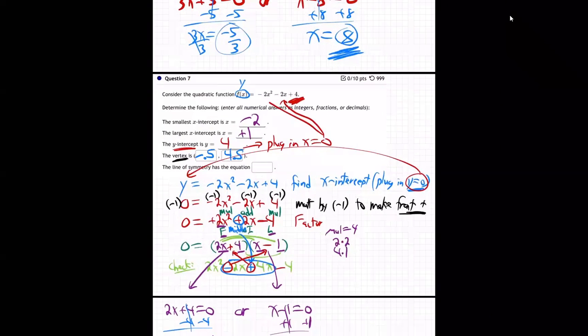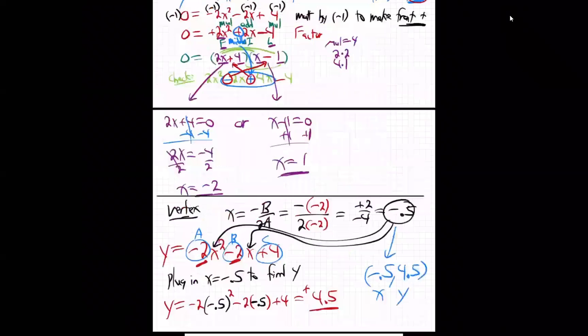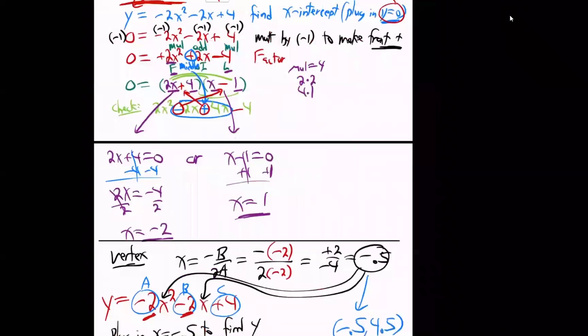Final piece of the puzzle, the line of symmetry. How do we find the line of symmetry? Well, that's x equals the x value of the vertex right here. That's it. Why? Because I don't know if you remember back to when we graphed these things.